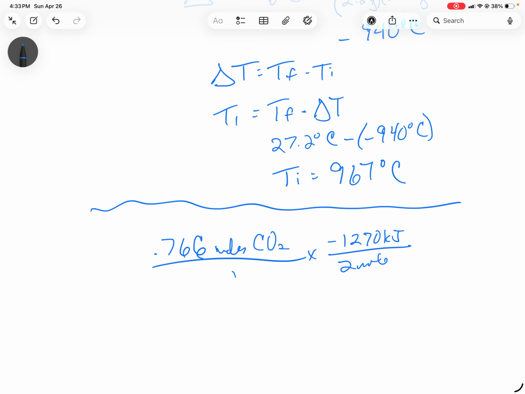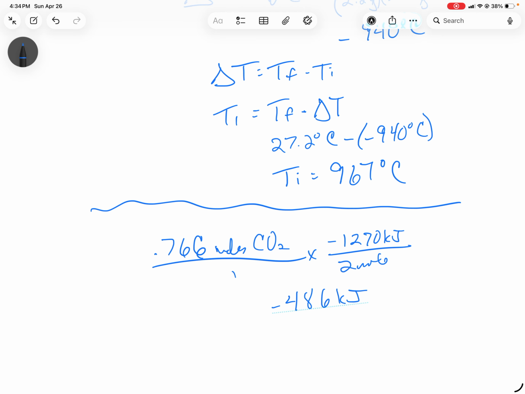If I remember correctly, that's going to be around 486. Let's see, 0.766 times negative 1270 divided by 2. Yeah, 486 kilojoules of heat was released. You were burning, I think, ethanol in an enclosed room, and that much heat was released.